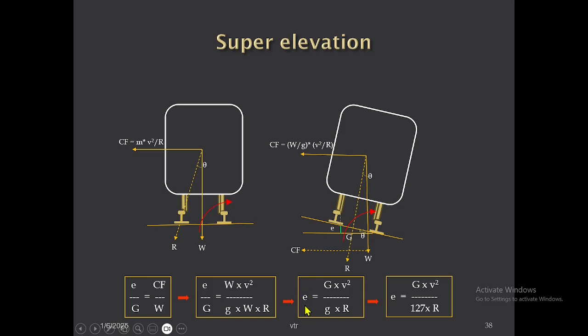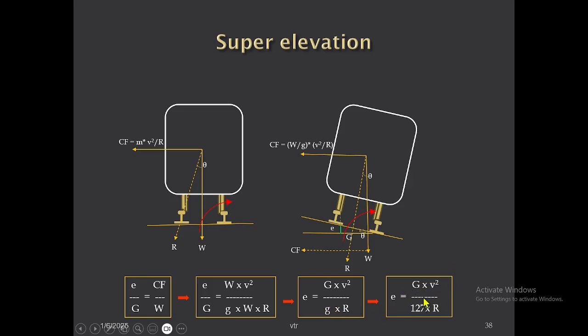So again, E equals G V squared by g R, as W gets cancelled. So superelevation or cant finally equals G V squared by g R. But 127, how we got it, I will tell you, by substituting the value of g as 9.81 with the conversion, because normally we substitute the speed of the train in kilometer per hour, whereas g is in meter per second.